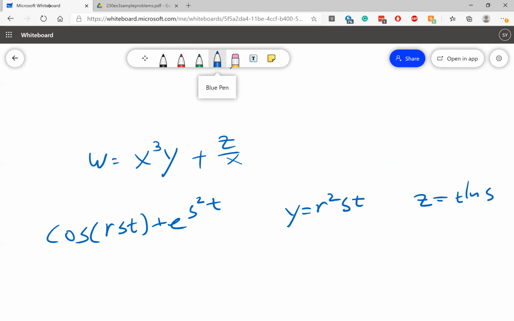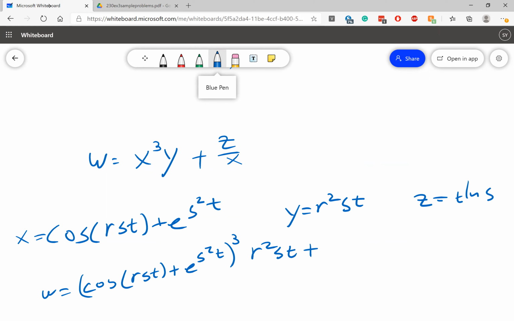So we can write w in terms of r, s, and t: (cosine of rst plus e to the s squared t) cubed times r squared st, plus t ln of s over (cosine of rst plus e to the s squared t).